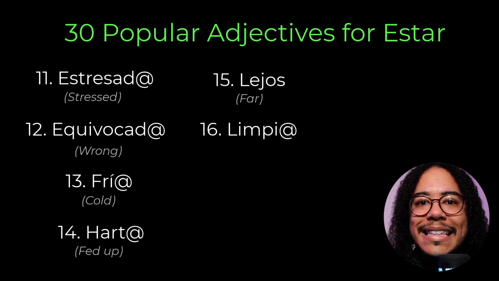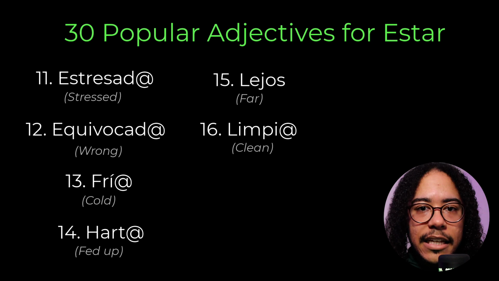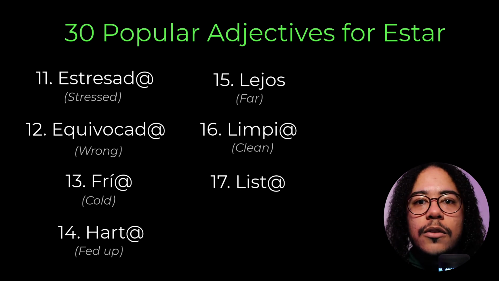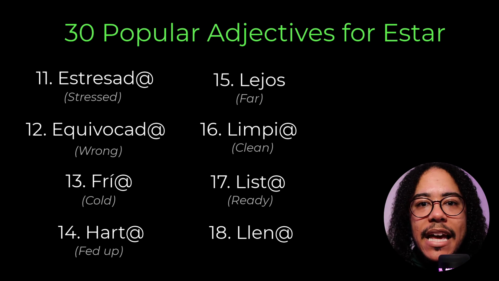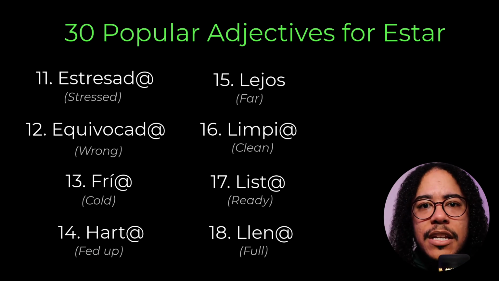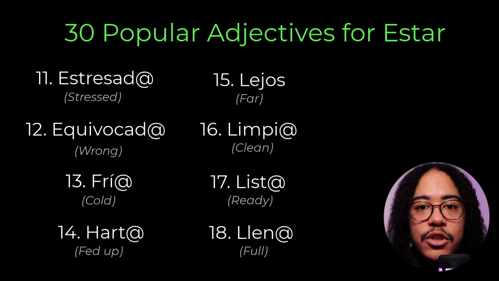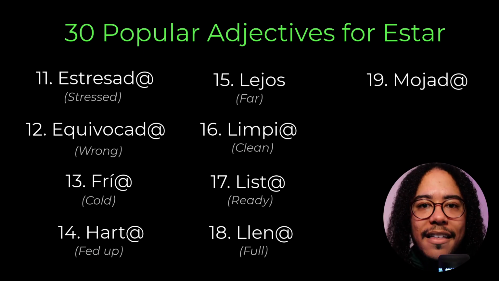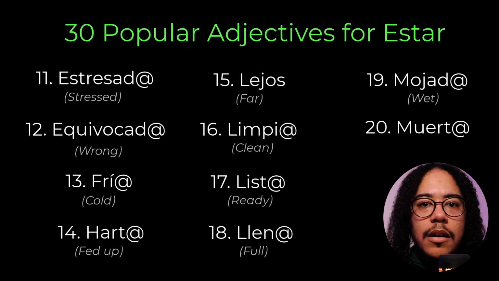Limpio or limpia, clean. Listo or lista, ready. Lleno or llena is full. So this can be like an item is full or that you are full. Like if you've just eaten a big meal and you're like, whew, estoy lleno. Mojado or mojada, wet.